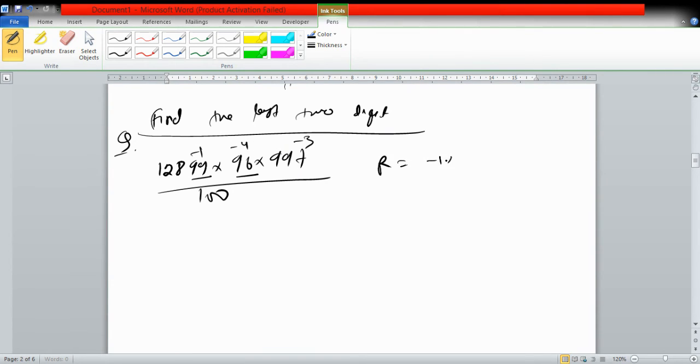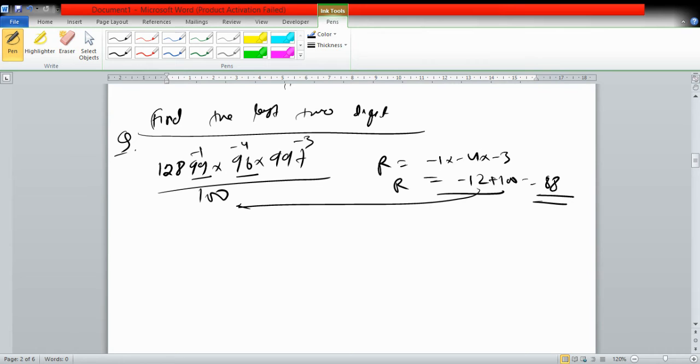Now you multiply, minus 1 into minus 4 into minus 3, and it's a minus 12. But if you are getting the remainder as negative, this negative sign you add to the divisor, and it's a plus 88. So this is the last two digits.